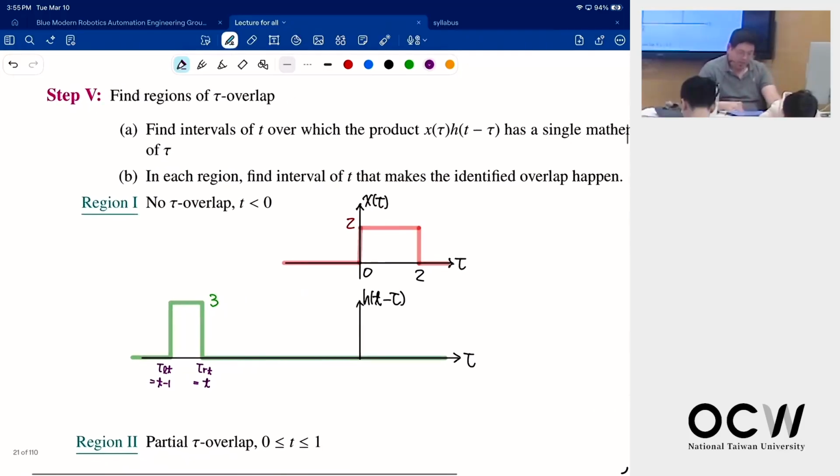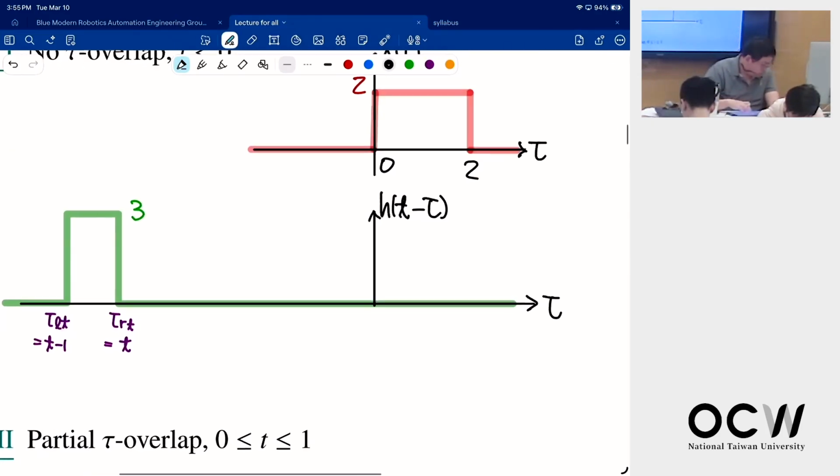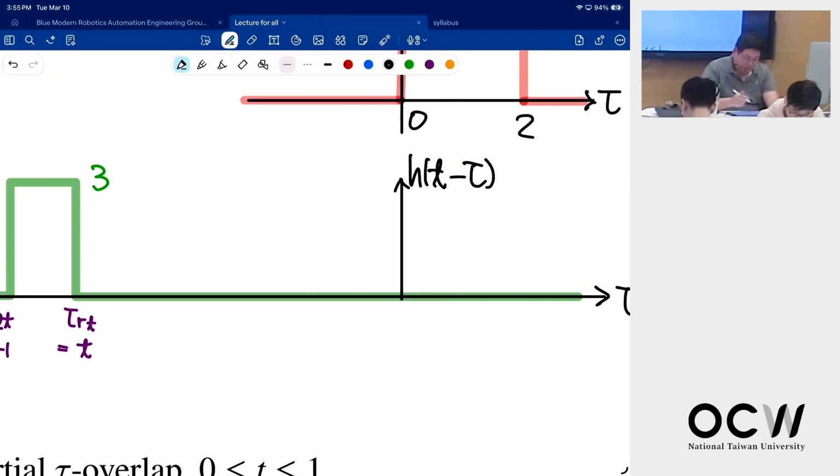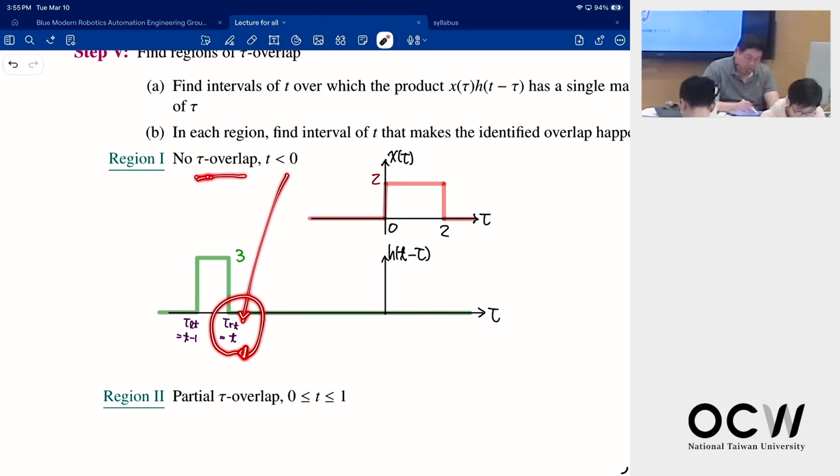If there's no overlap, t is less than 0. When t is less than 0, there is nothing. So the conclusion is that when t is less than 0, the right side, tau, should be less than 0, with no overlap. If t is 1 here, then we have overlap.